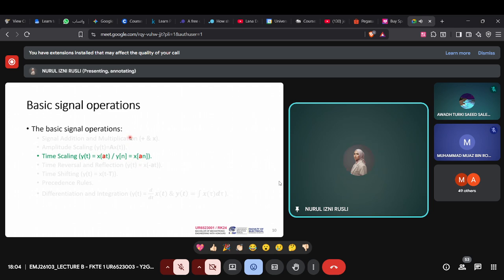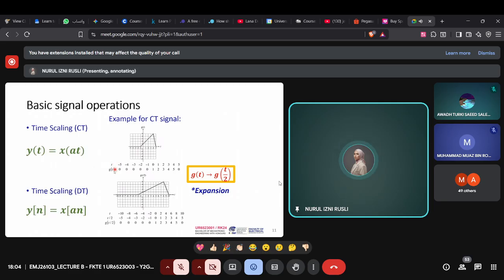So for time scaling, you could also say time scaling is the compression or the expansion of the signal. For a CT signal, or continuous time signal, you could see that y(t), your signal, is equal to x(at).